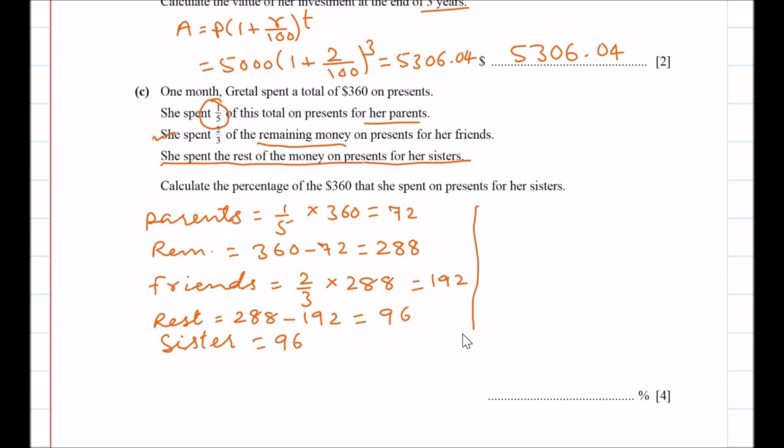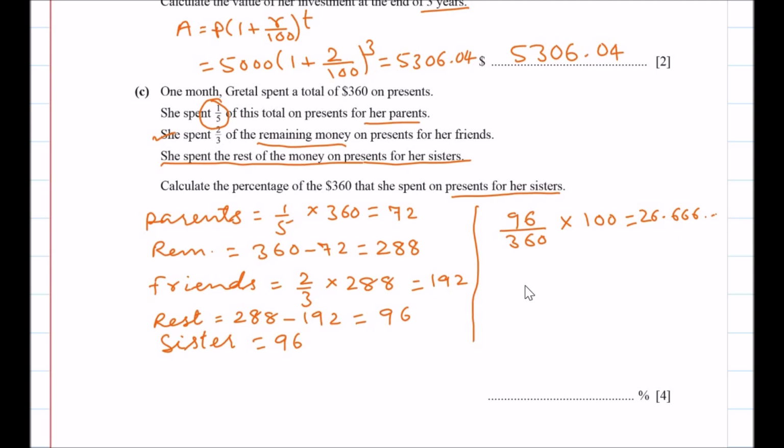Now the question is asking, calculate the percentage of the $360 that she spent on presents for her sisters. For sisters, she spent 96 out of 360, and we have to write it as a percentage, so multiply by 100, and that gives us 26.666 and so on.